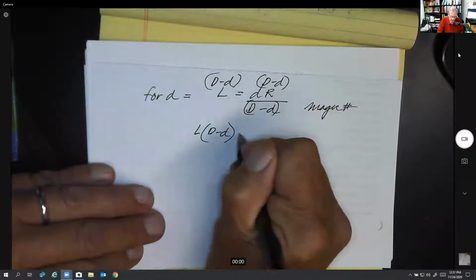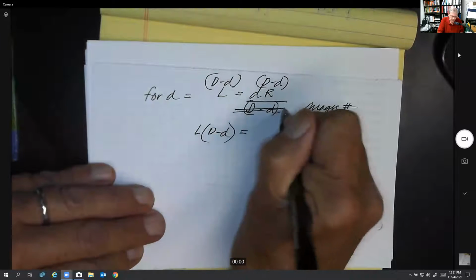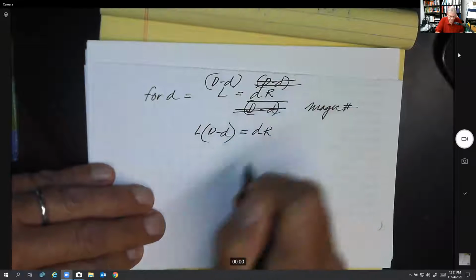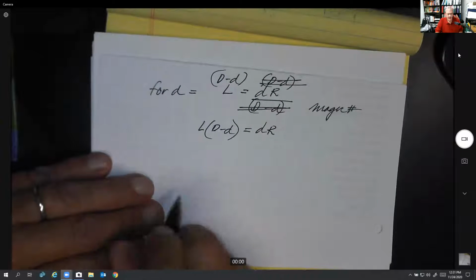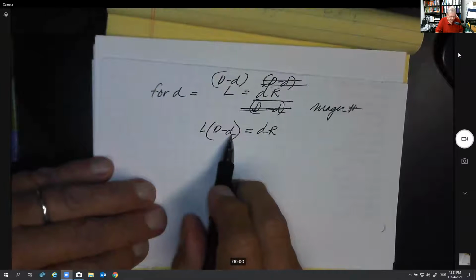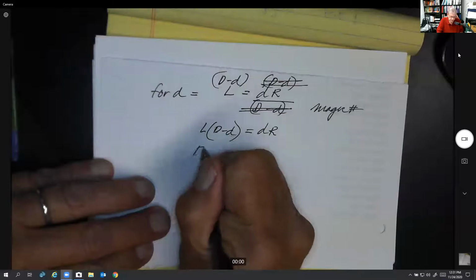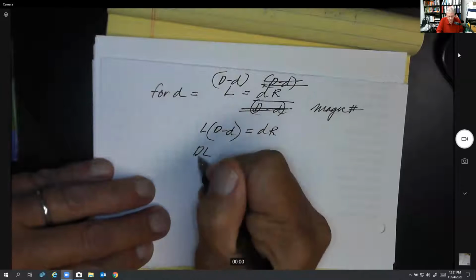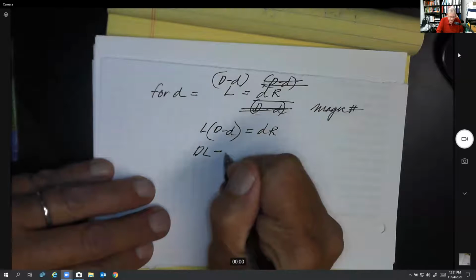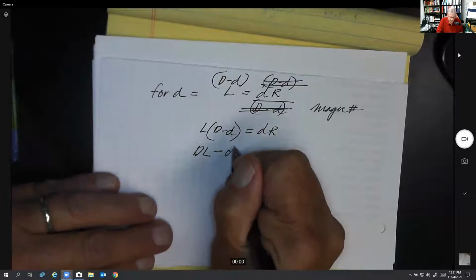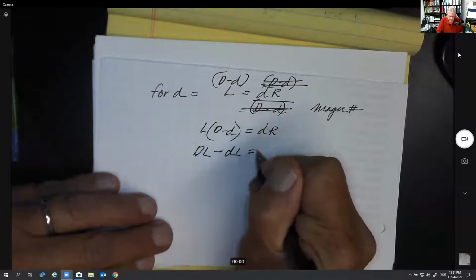The object is we're using a magic number, so these do cancel. dr. So just like the other problem, this d is locked inside this parentheses, so we're kind of stuck with it inside there. So we're going to distribute. It could be dl or ld minus, this could be ld or dl. Just put dl equals dr.